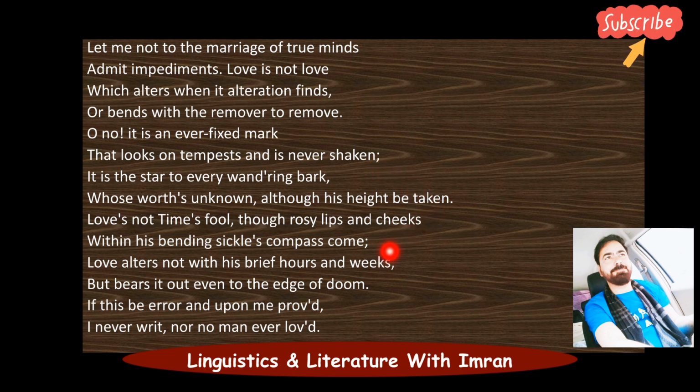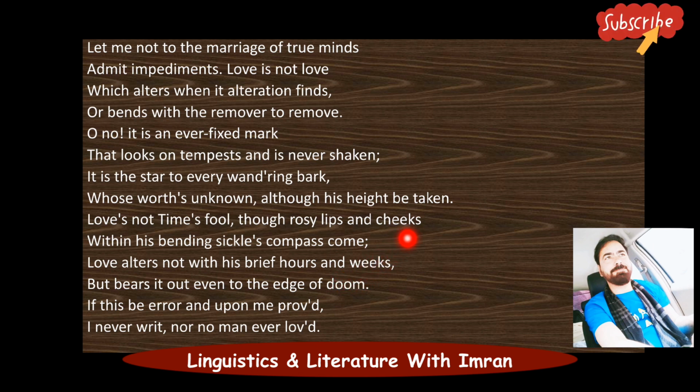And the third quatrain, cheeks and weeks, and come and doom. So the last word of line number 9 rhymes with the last word of line number 11, right? And the last word of line number 10 rhymes with the last word of line number 12.